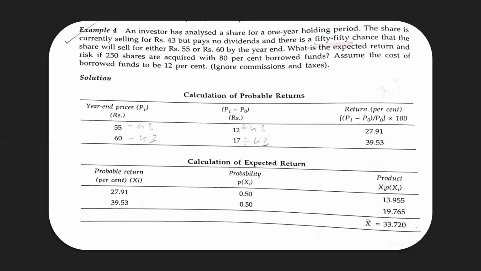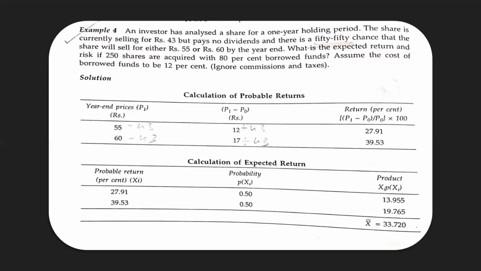So the P1 is the value at the end of the year, the expected values at the end of the year. So the expected price is 55 and 60, which is given in the first column. The second column is nothing but the difference between the end year price and the beginning year price. So P1 minus P0 is 55 minus 43, which will give you 12, and 60 minus 43, which will give you 17.